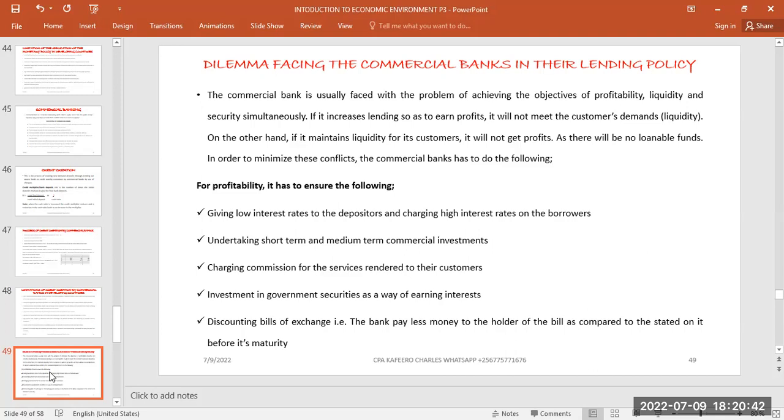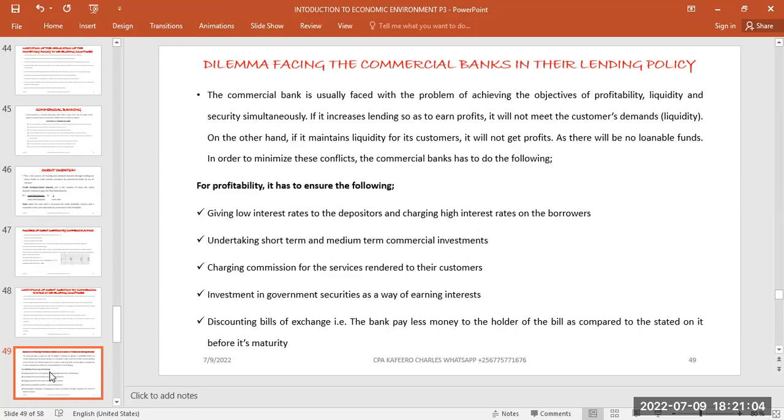If a bank increases lending so as to earn more profits, it will not meet customers' demand, that is liquidity. Because if you keep lending out the money you have, you will not have enough cash in the reserve that is supposed to be used by customers when they want their money.